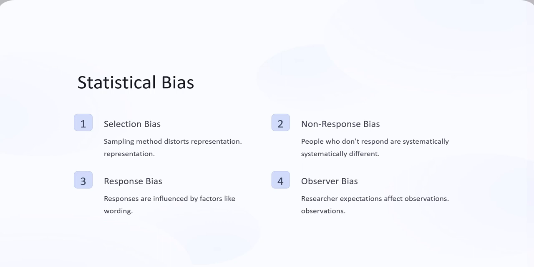So in statistics it is called response bias, and observer bias means that as a researcher you should not be biased, because sometimes we work on our own area, suppose our own community. At that time our observation, perception and knowledge affect the research process or the data collection process, and that is called observer bias. Got it? The statistical bias.